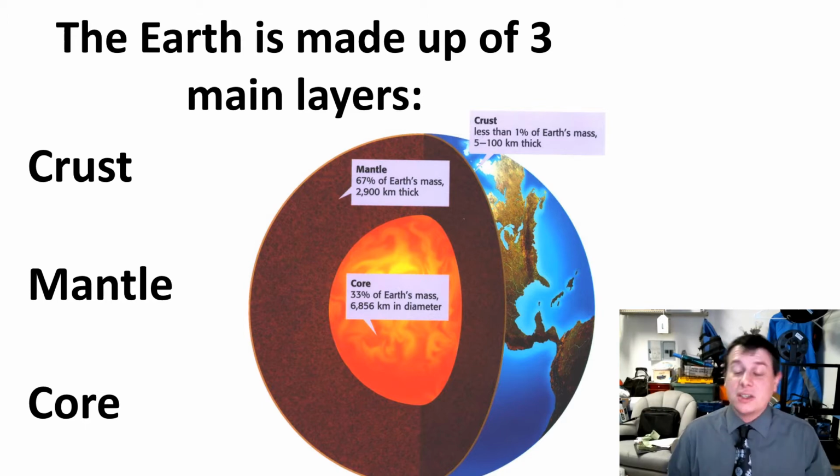It can vary in thickness, usually around 2,900 kilometers thick, but there are parts of it which are thicker and thinner, depending on the shape of the crust. It's an average, but when you get up to something that big, a difference of 5 to 10 kilometers does not make as much of a difference.